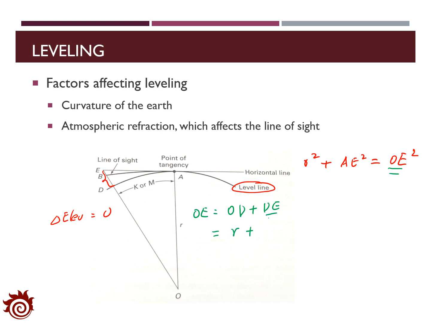And we define D to E as the error from the curvature, which is set as C. So we have the equivalent equation as R plus C squared, which is R squared plus C squared plus 2 times RC. And C is just defined as the curvature error.